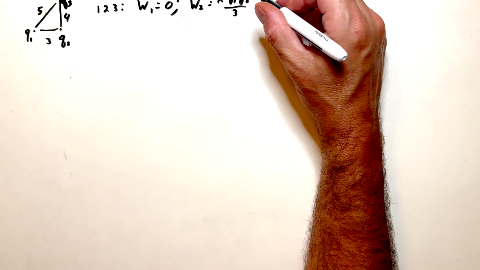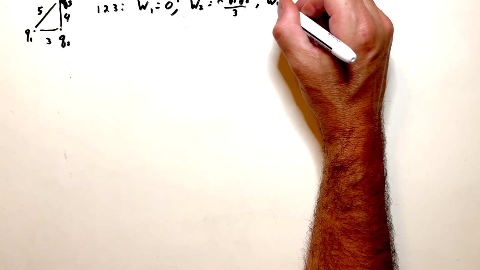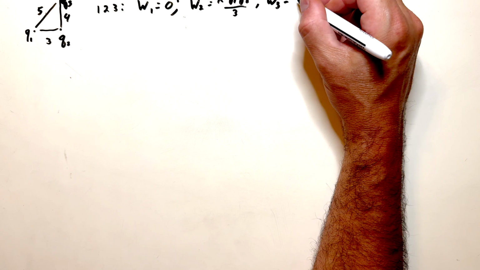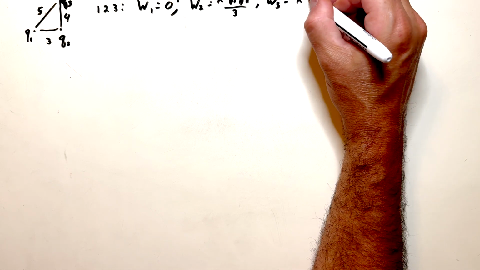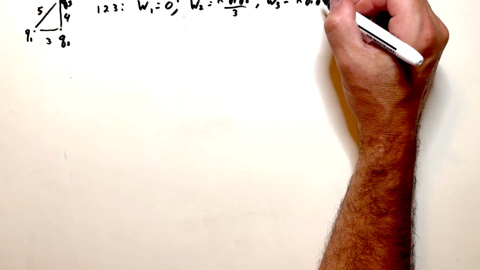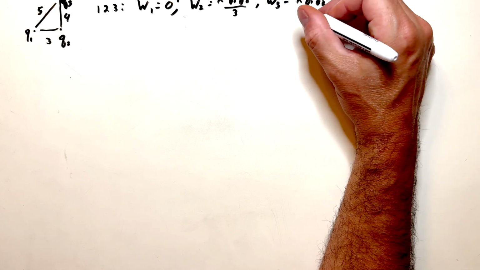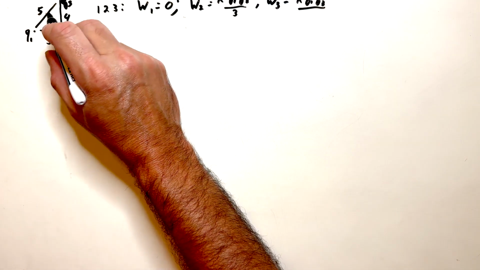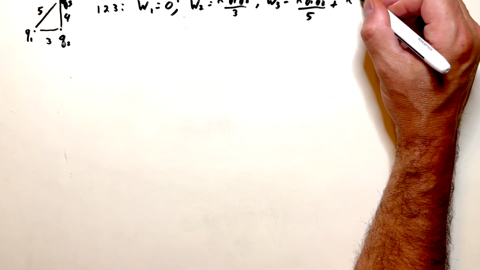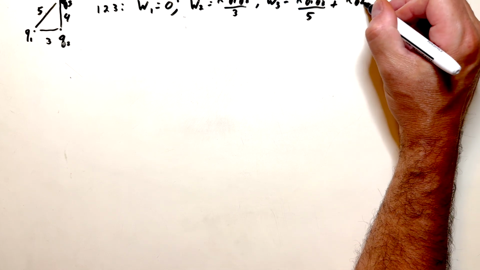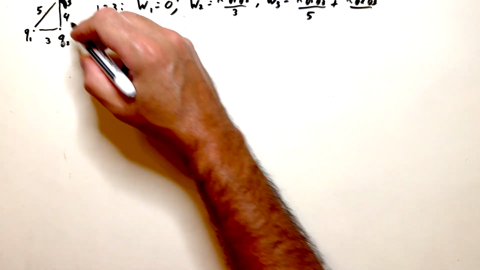And then finally, the work for charge 3, to move that in, has 2 contributions. We've got K Q1 Q3, and that's over a distance of 5, plus we have K Q2 Q3, and that's over a distance of 4.